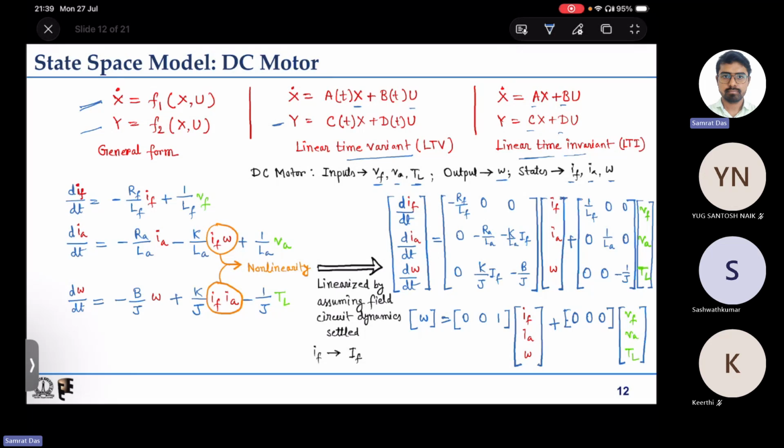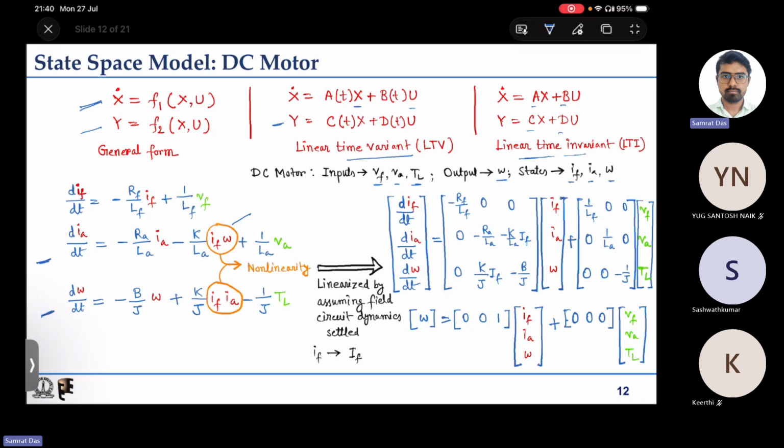So here we could see that in the armature current equation, the second equation, there exists multiplication of two states, if and omega. So in that case it becomes a nonlinear system, and it is not possible to write the equations in this form. So separate A, B, C, D matrix definitions are not possible.